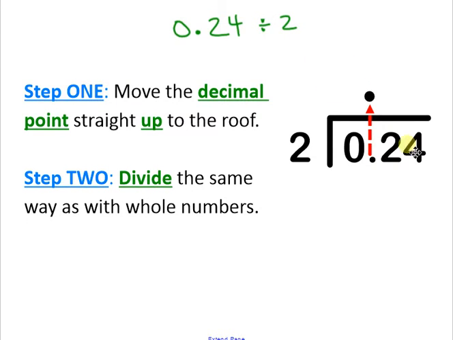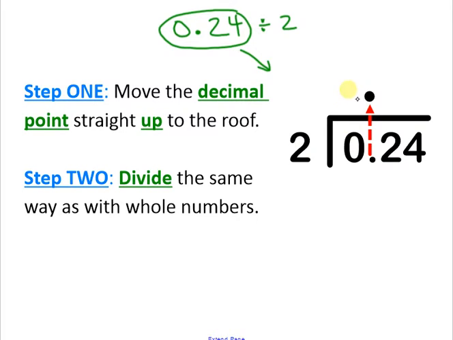And you'll have to determine which number goes into the division bracket, and it's always going to be this first number right here. So the first number will go into the bracket. And so step one is that you immediately want to take that decimal point and move it up to the roof of the bracket, like we call it. So you're going to move it right straight up. And then you're going to divide as though you had absolutely no decimal point at all. And I'm going to show you how that works.